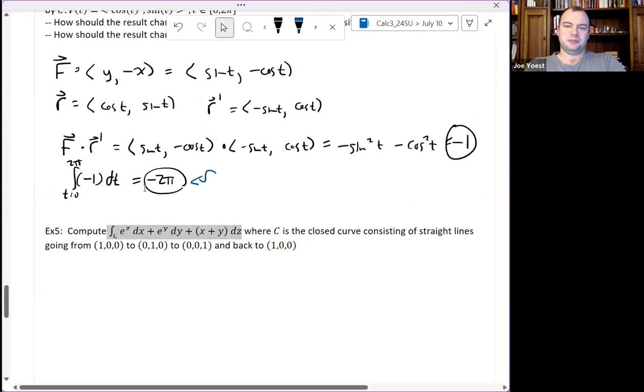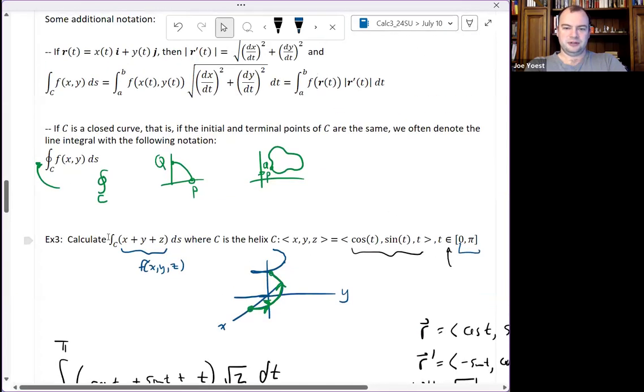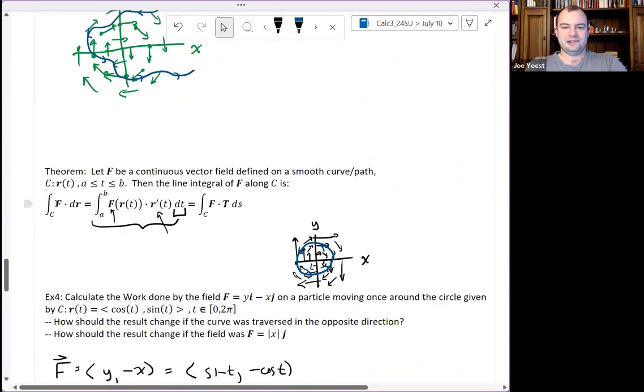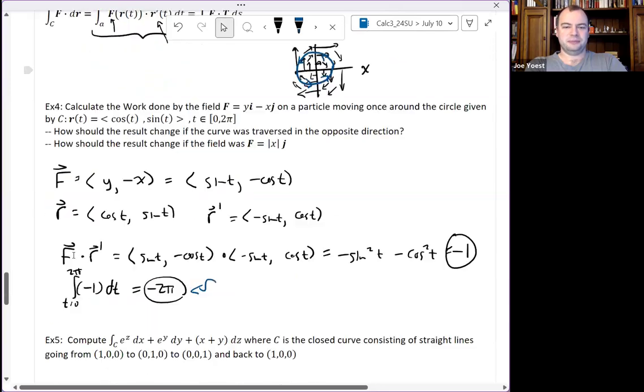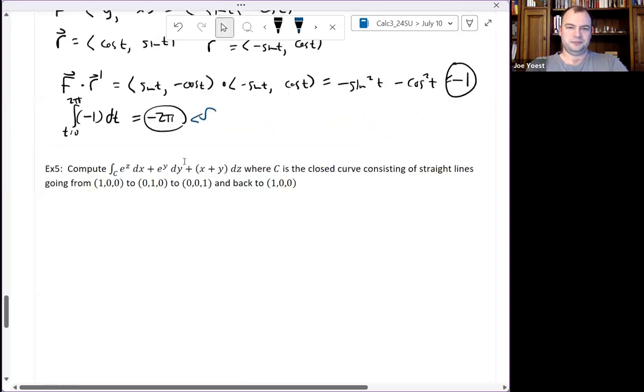Integral over C, instead of something like integral ds, or integral f dot dr, we're integrating over a curve e to the z dx plus e to the y dy plus x plus y dz.